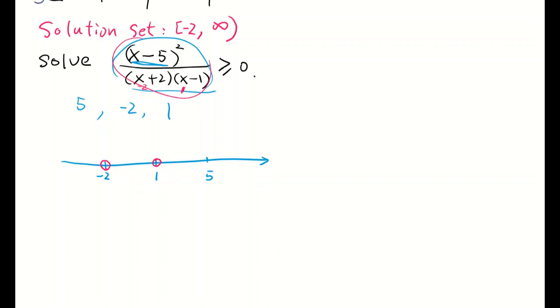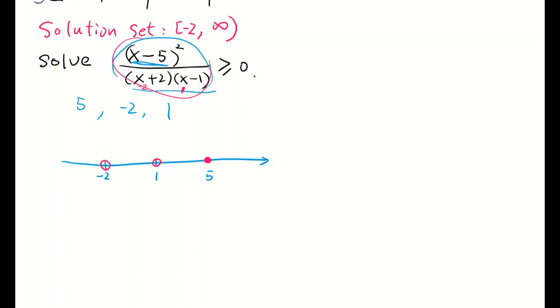So 1 is not a solution. Let's test 5. If we plug in 5, 5 minus 5 squared makes the top equal to 0, and the bottom is not 0. So 5 is a solution because it makes the left side equal to 0, and 0 is greater than or equal to 0.